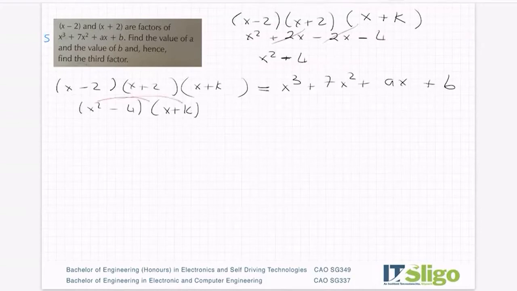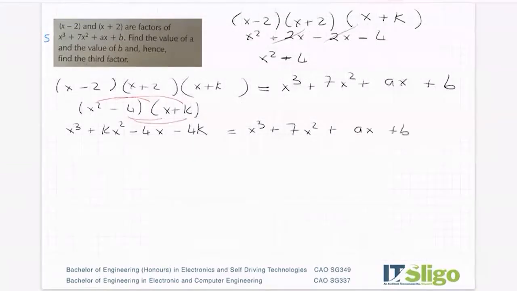X squared by x and k, minus 4 by x and k. So I'll get x cubed, plus kx squared, minus 4x, minus 4k. Okay, and remember that's equal to x cubed plus 7x squared plus ax plus b.